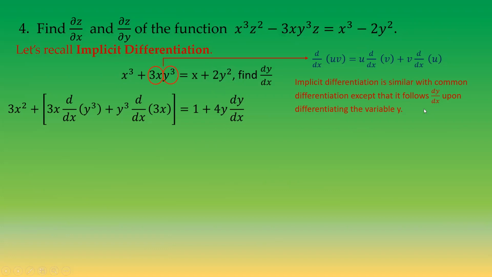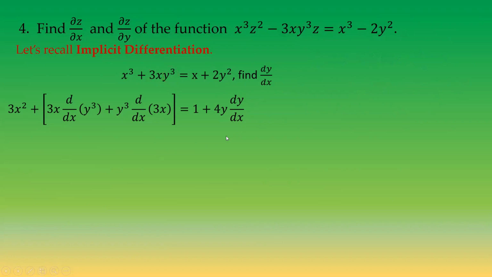Doon sa bawat derivative ng y, laging mayroong dy over dx. So, yung sinasabi sa rule ng implicit differentiation. Tuloy natin. We have 3x squared plus 3x times, this will become 3y squared dy over dx plus y cubed, derivative ng 3x ay 3, equals 1, rewrite lang ito, plus 4y dy over dx.